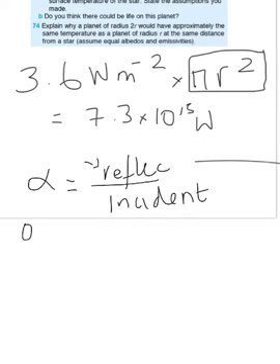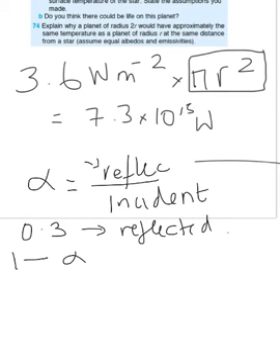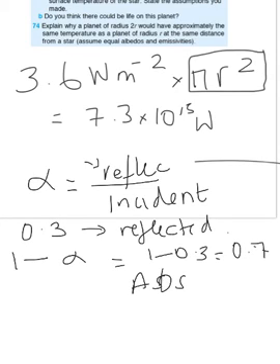So if the albedo is 0.3, and that gives you a measure of the ratio of the reflected, then 1 minus the albedo, which would be equal to 1 minus 0.3, would give you the not reflected, which is the absorbed. So how much energy is actually being absorbed by the planet?